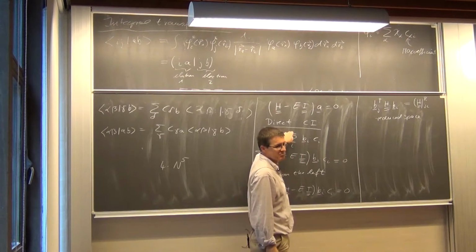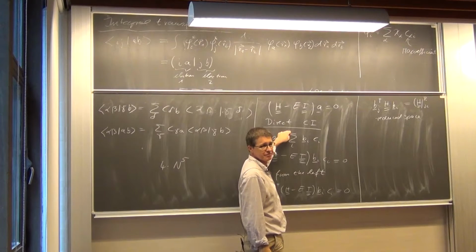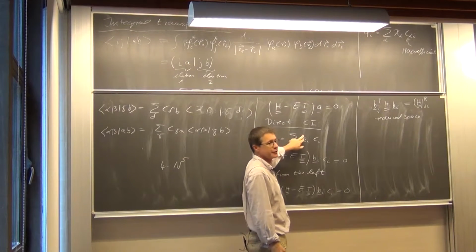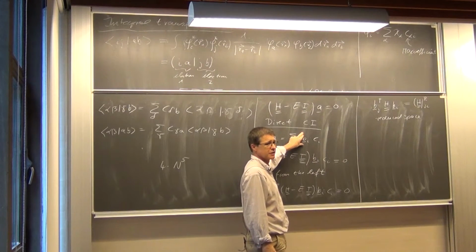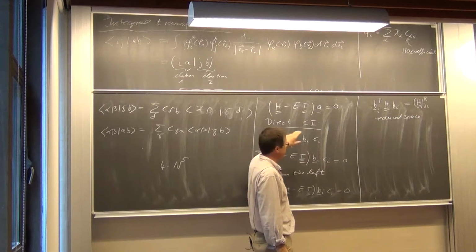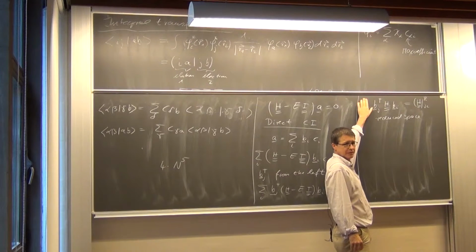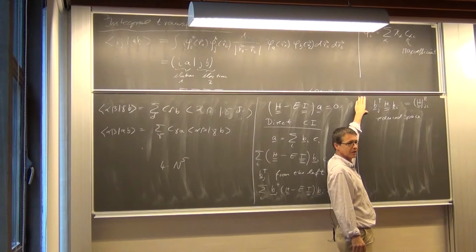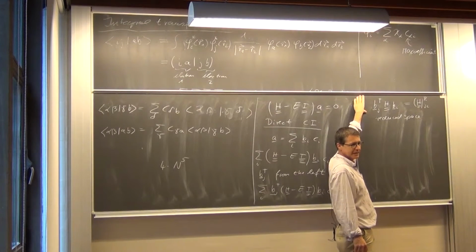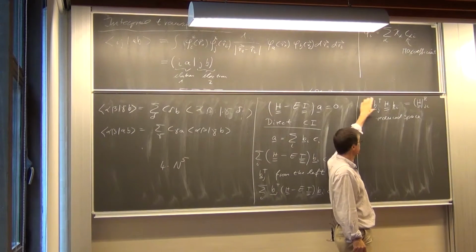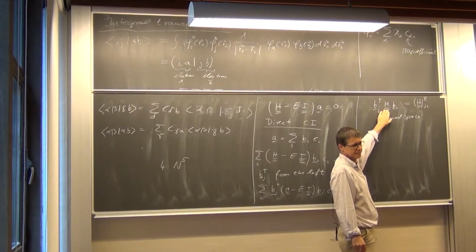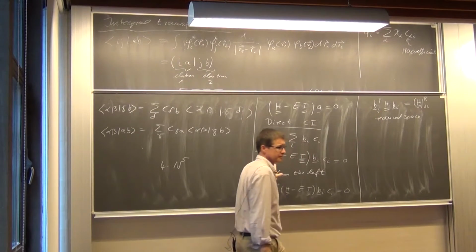And that might be a few hundred. I need maybe a few hundred of those basis vectors in order to expand this vector. So that dimension is a few hundred times a few hundred, or maybe a few thousand if it really goes bad, times a few thousand. So it's much smaller. In that reduced space, I can solve the eigenvalue problem because I can keep that matrix. I can't keep the original one.